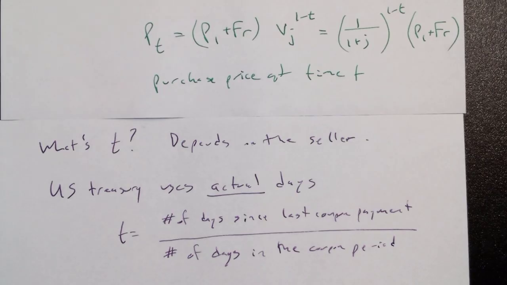Notice the top is an actual count of days, and the bottom is an actual count of days. Actual method.